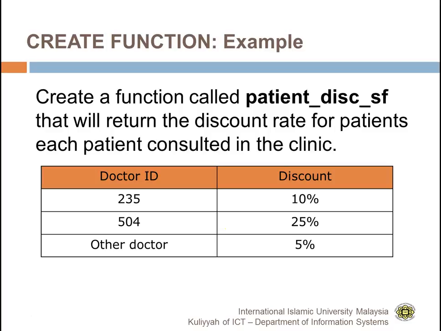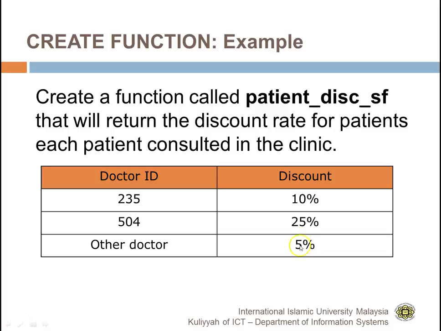Let me give you an example. Say I want to create a function called patient discount function that will return the discount rate for patients depending on whether they are consulting Dr. 235 or Dr. 504, whereas the rest of the patients who consulted any other doctors will only get 5%.